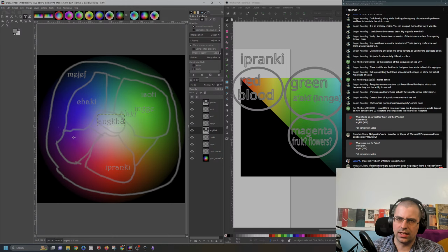I don't think that's necessarily... and then we thought like fruit or flowers. A specific species of flower might make sense for magenta, but not flowers in general. I'm actually debating whether we need a magenta.